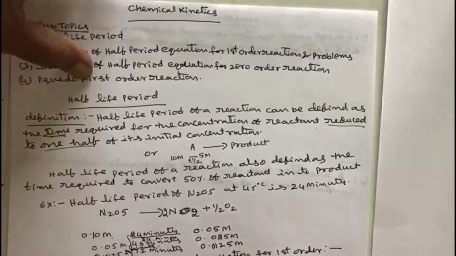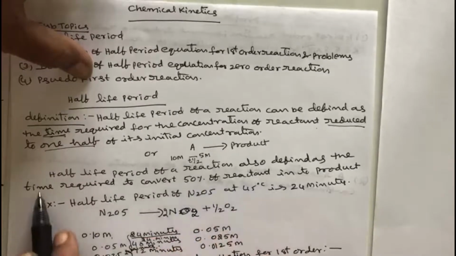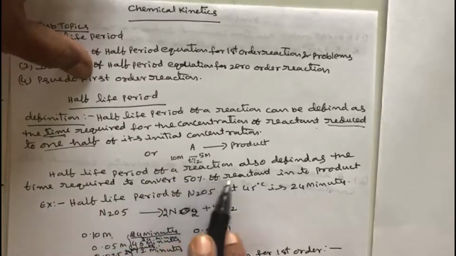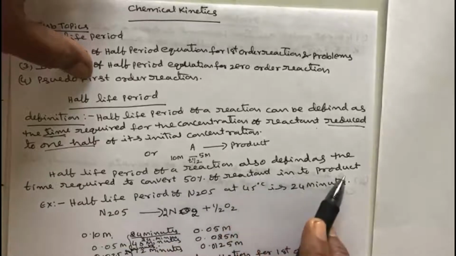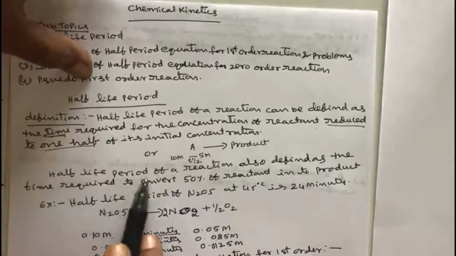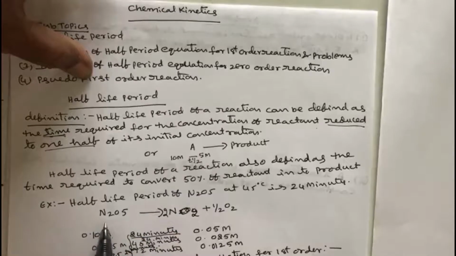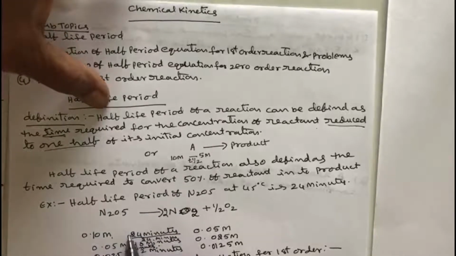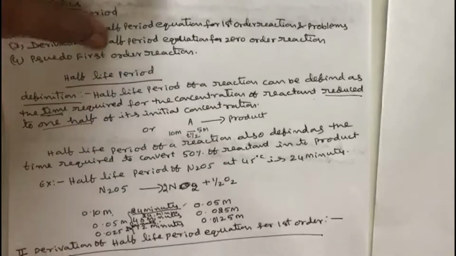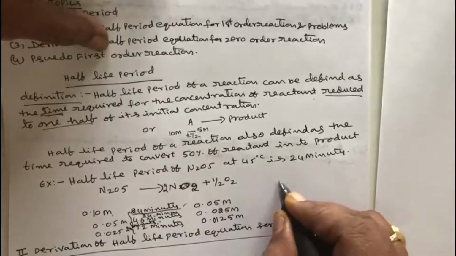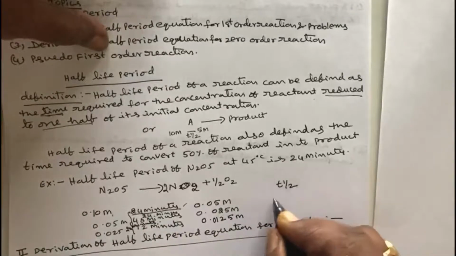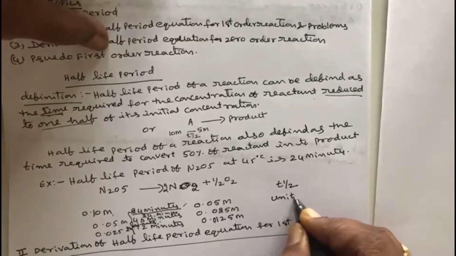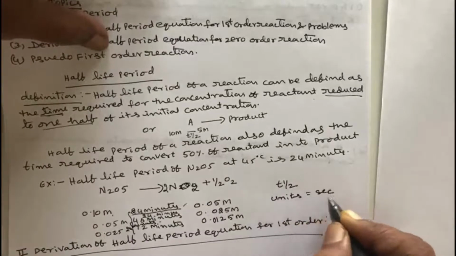That means the time required to convert 50% of the reactant into product is called the half-life period. So the half-life period of N2O5 is 24 minutes. Generally the half-life period is denoted as T-half. The unit of half-life period is seconds.